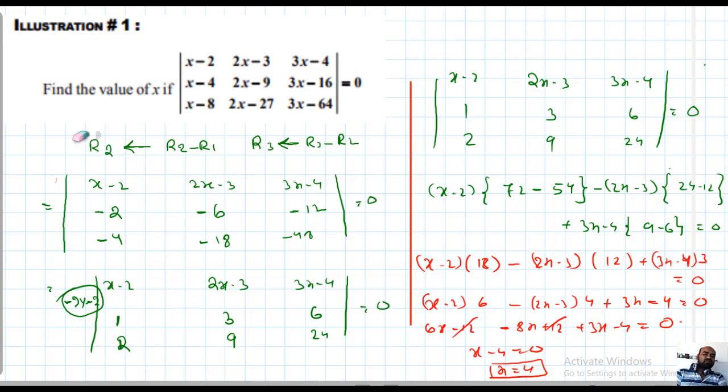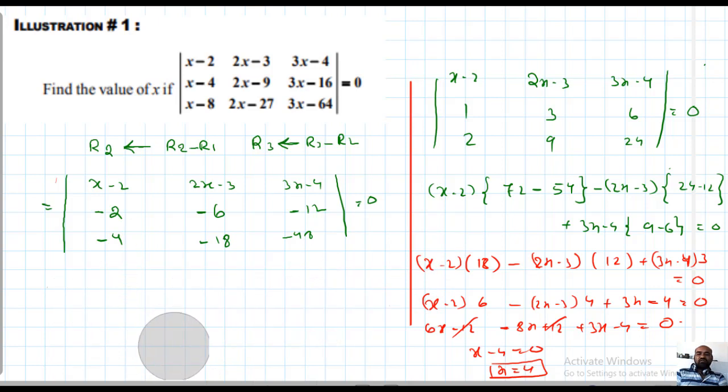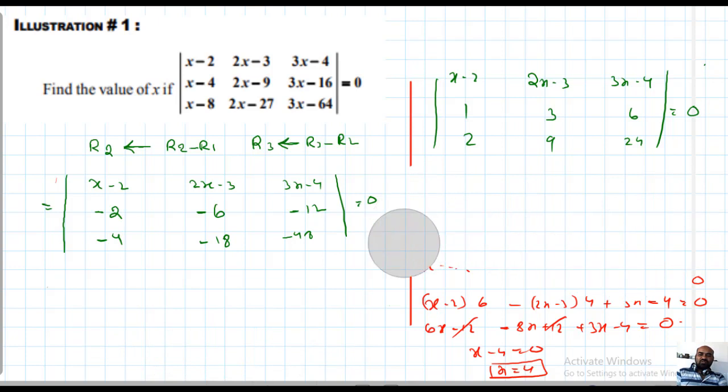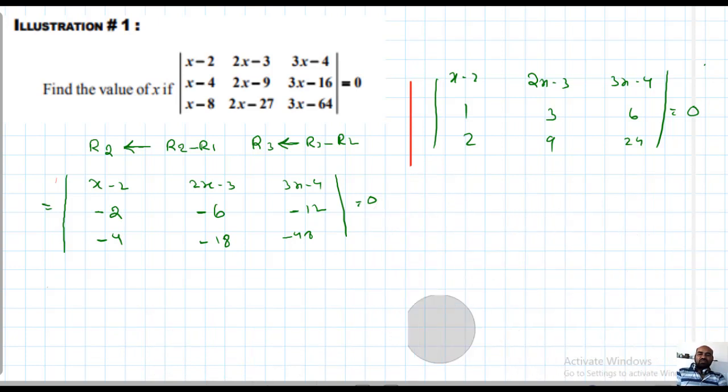Okay students, we can solve this problem in several ways. Don't think that this is the only way to solve the problem. Sometimes, listen, again I want to make some more zeros.